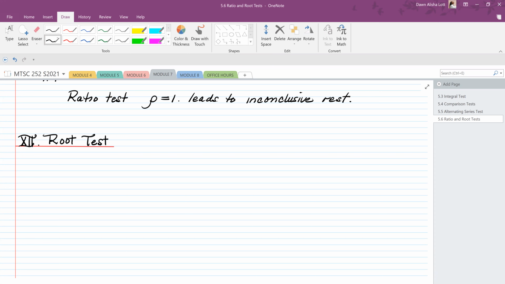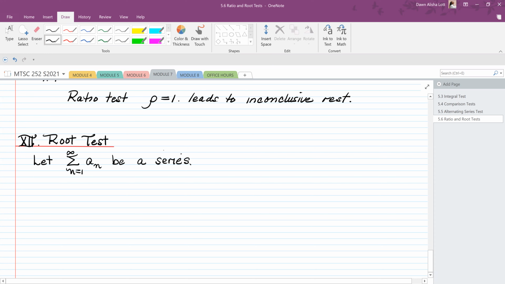Okay, so again, let summation n equals 1 to infinity of an be a series. Now again, we're going to compute rho, but this time rho is the limit as n approaches infinity of the nth root of the absolute value of an.